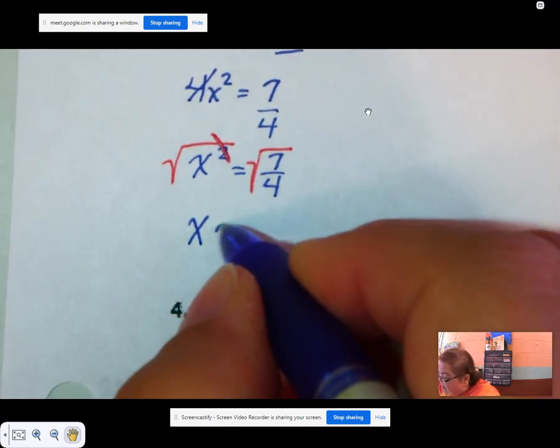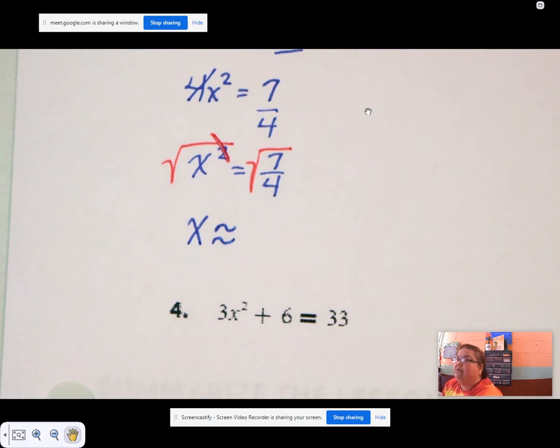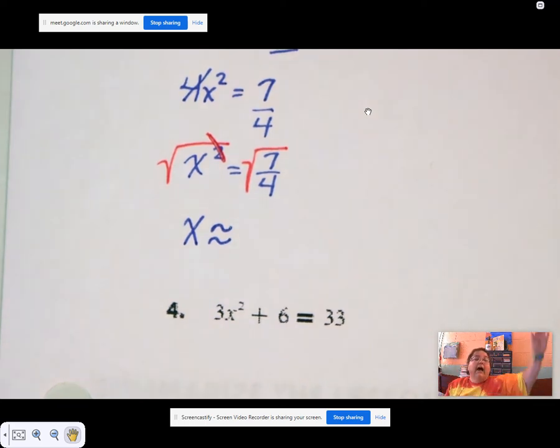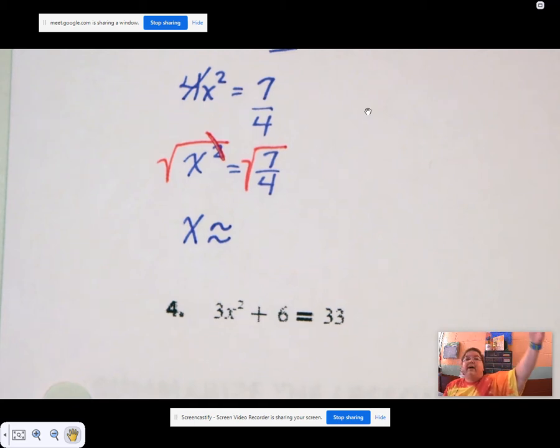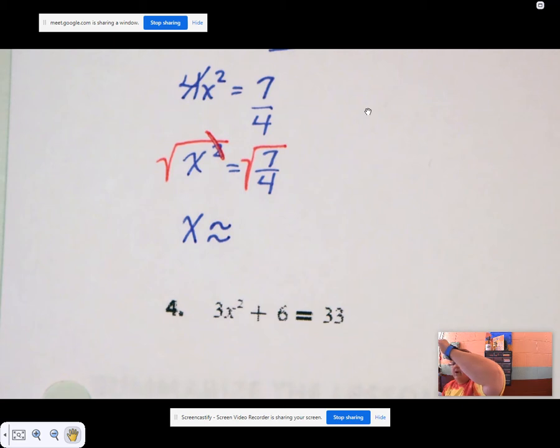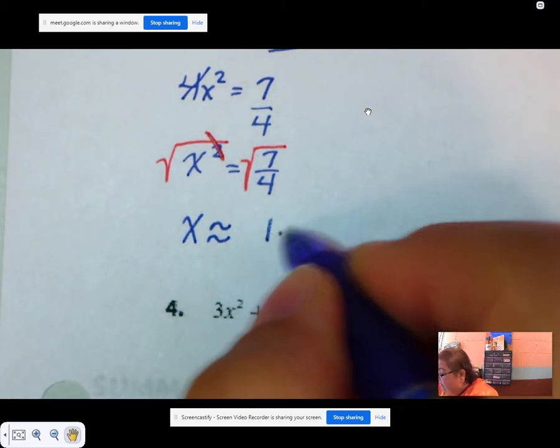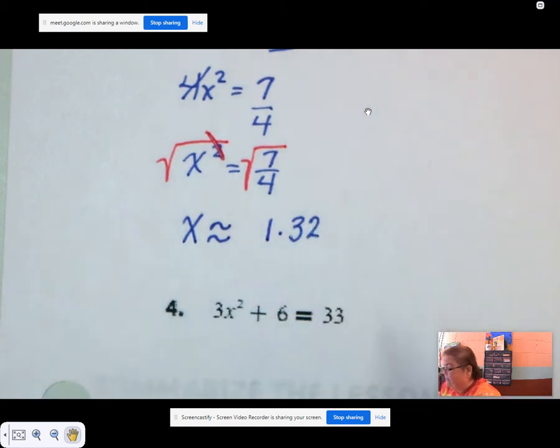And it's an approximate answer. So it can't be equals, right? Now I will sometimes get an equals, but if I have to round a number, then it is not equal, it's approximate to 1.32.